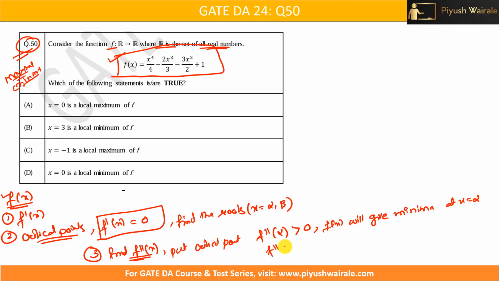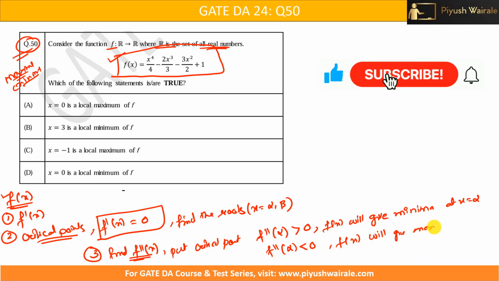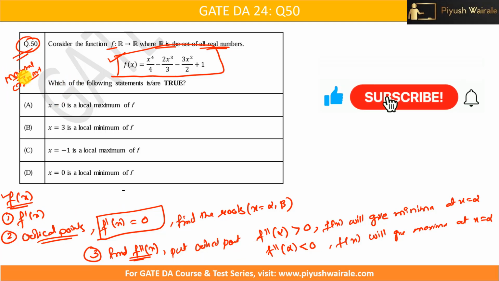And if f double dash of alpha is less than 0, it means that f of x will give a maxima at x equals alpha. So that is the only procedure we need to follow.